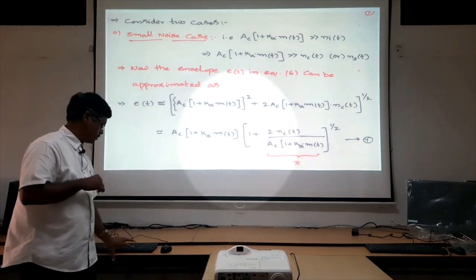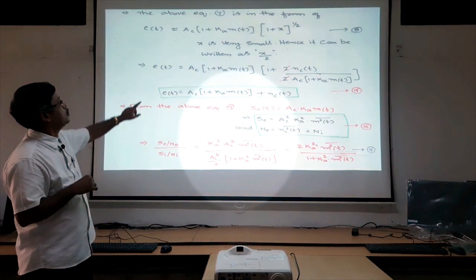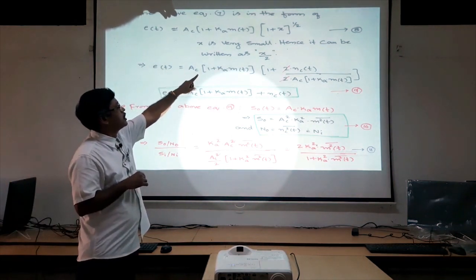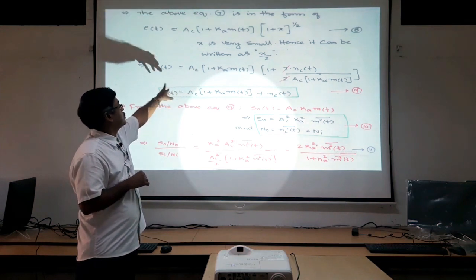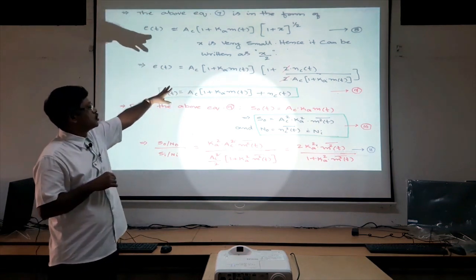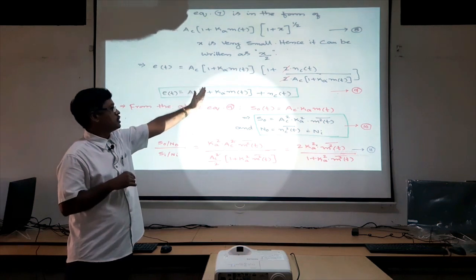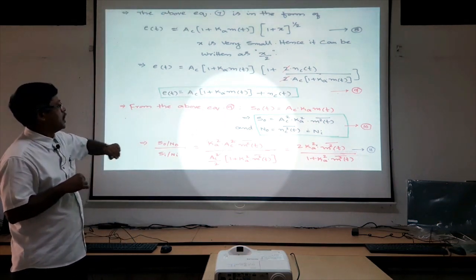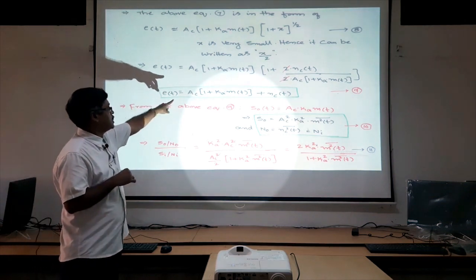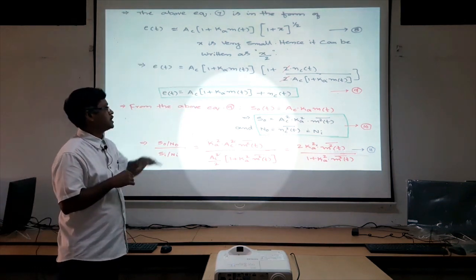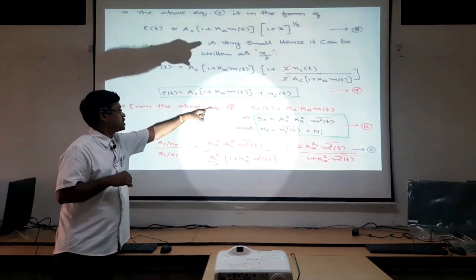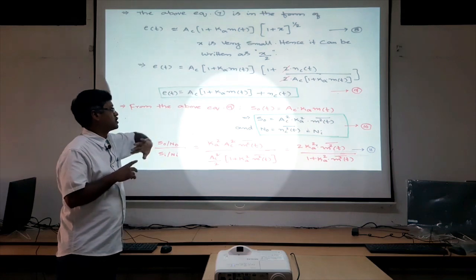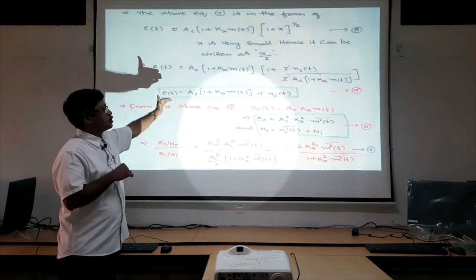So the envelope is Ac into 1 plus Km of t into the rest of the term, which is defined in the bracket. After simplification, I am getting the envelope as Ac into 1 plus Km of t plus Nc of t. Now from equation 9, it is clear that the envelope has both signal component and noise component, which is defined as the output of the envelope detector.